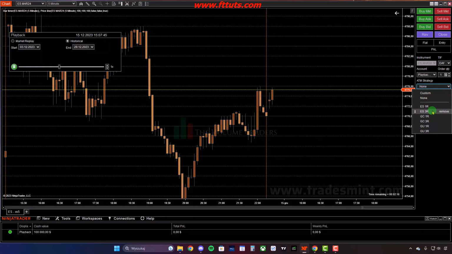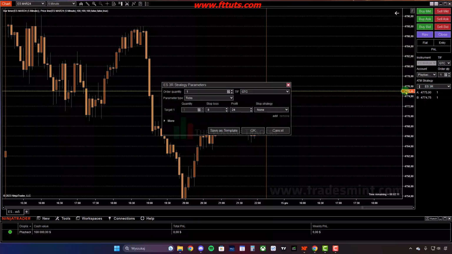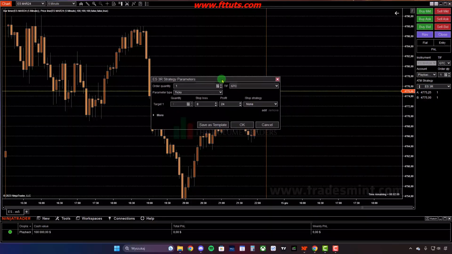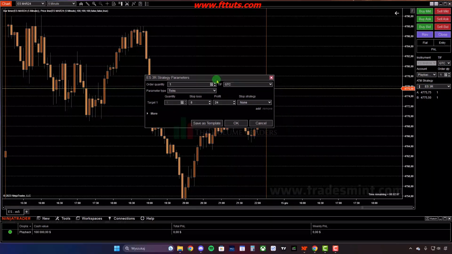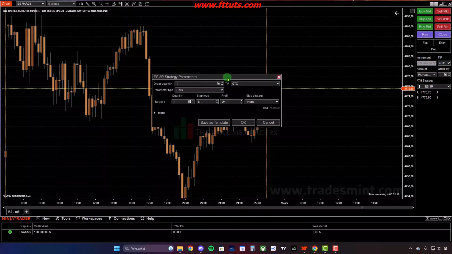Let's say, for example, I want to use this 3R, so I will show you how it looks. And here I will explain how much each point, tick, etc. is worth, and how we count this. So in this strategy, I use a stop loss set to 8 ticks.